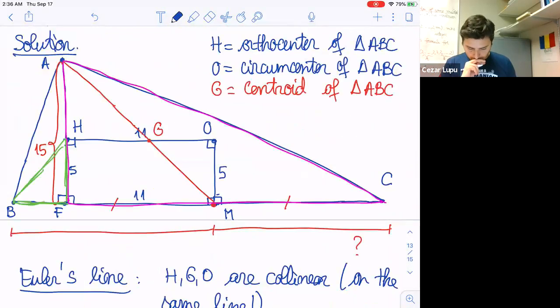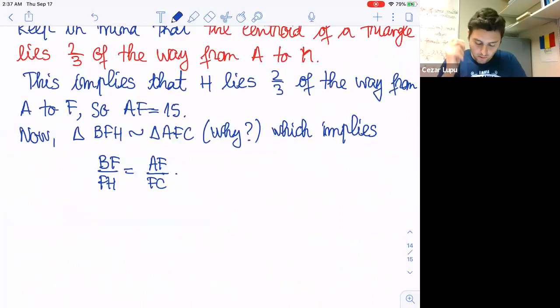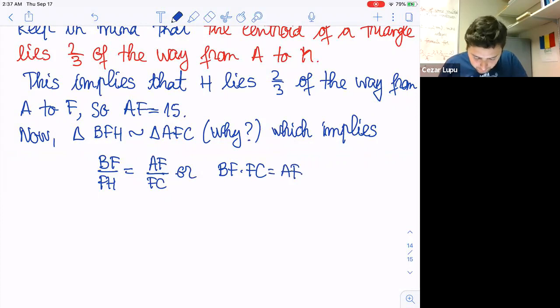BF over FH is the same as AF over FC. Okay, that's great. So that's one piece of information. Or let's multiply these two. So BF times FC is the same as AF times FH.